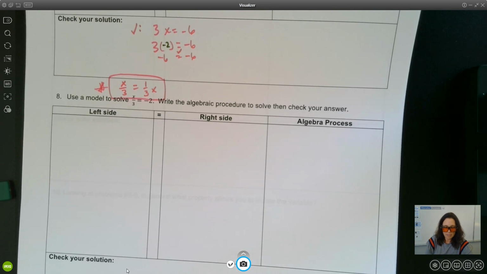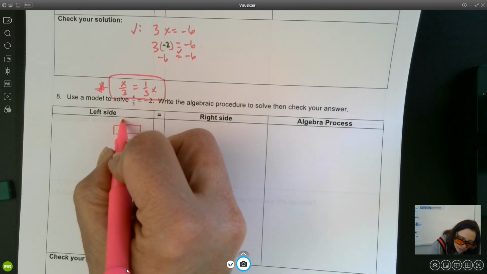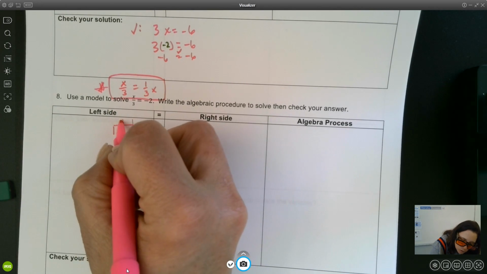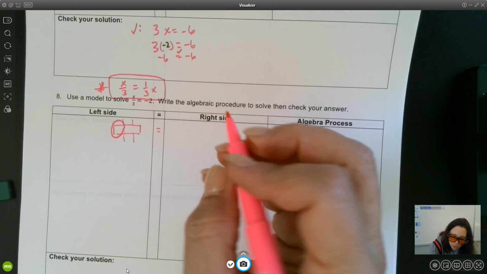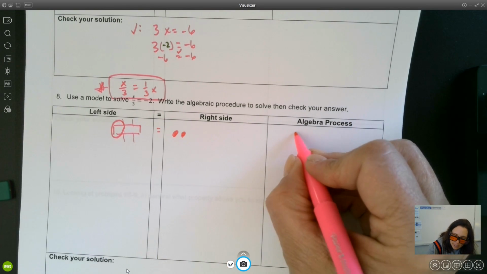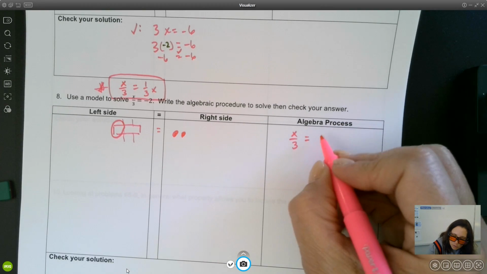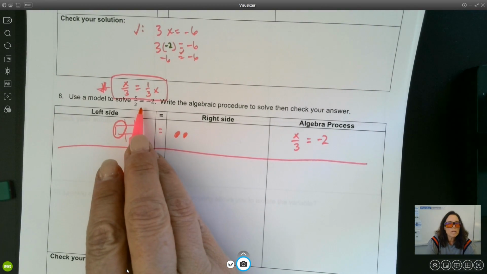If I have an x and I break it up into a third, that's how I would show a third of an x equals 2 negatives. So I have x over 3 equals -2. So that's my original equation modeled.